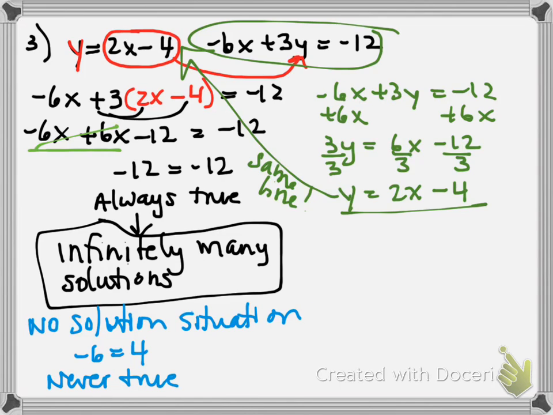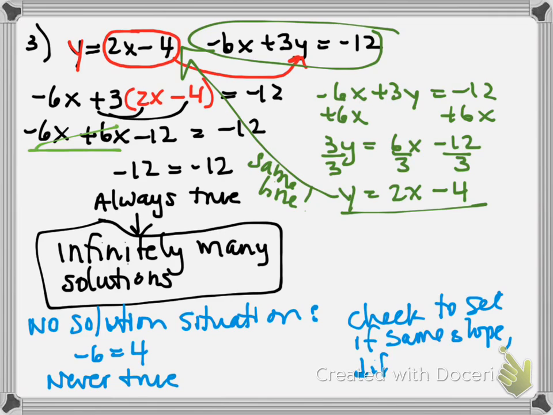So what you could do is check to see if slopes are the same. So if same slope, different y-intercepts. So there is a mathematical way that you can check to make sure that you have the right answer. Okay? All right, I think that's about it for today.